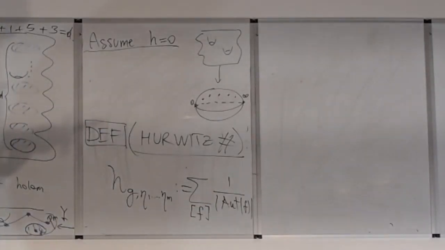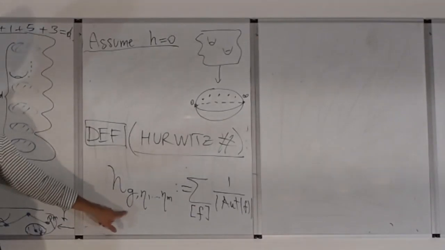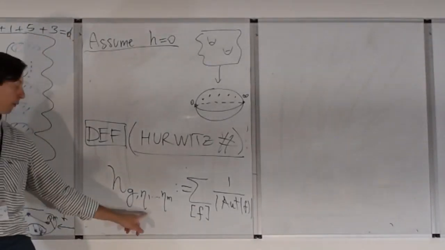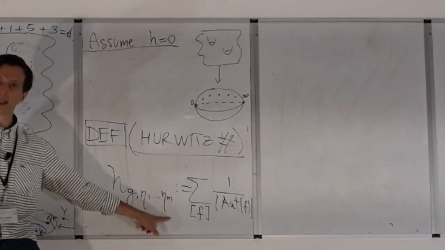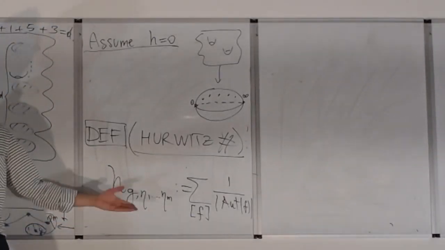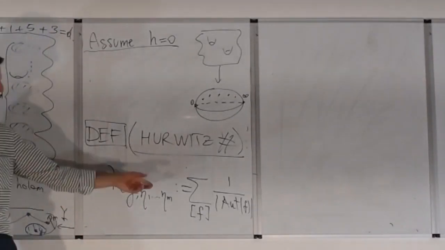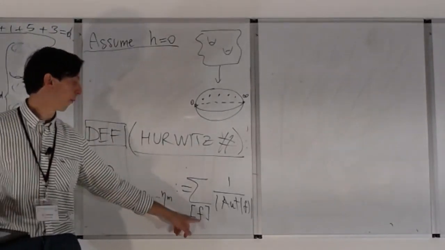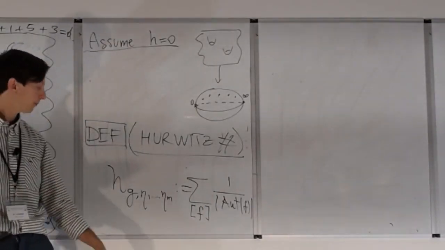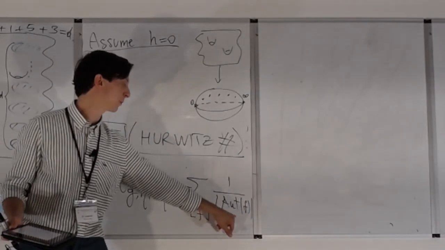But this is what I want to do: I want to define Hurwitz numbers that depend on the genus upstairs and also on all these partitions of D. I don't have to write D because I just point at any of these and look at the size of the partition, so you don't have to remember it. This is defined to be the sum over all holomorphic maps of genus g with these ramifications, and then you take 1 over the automorphism of f.